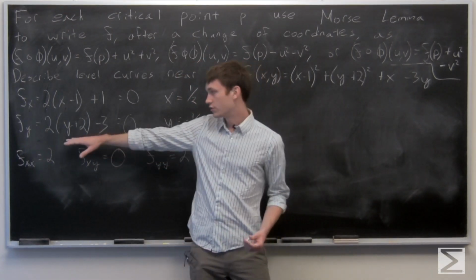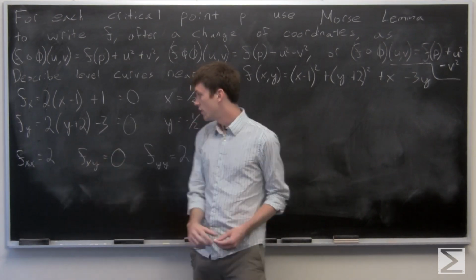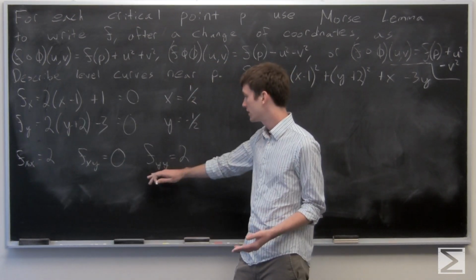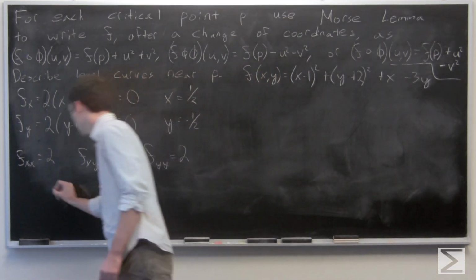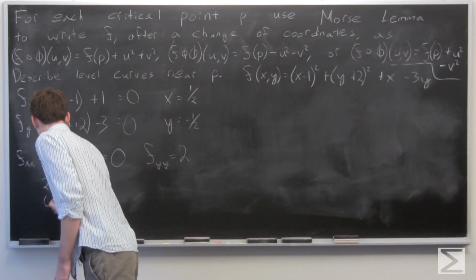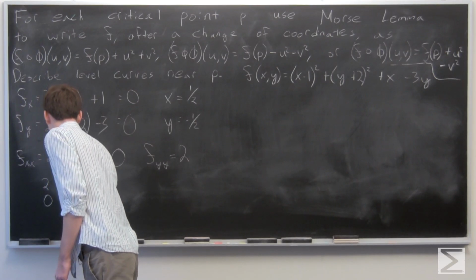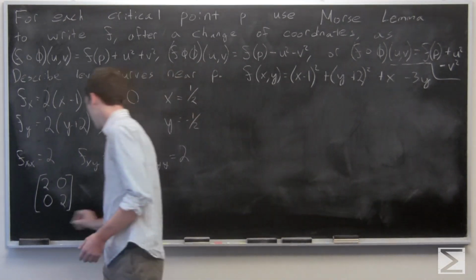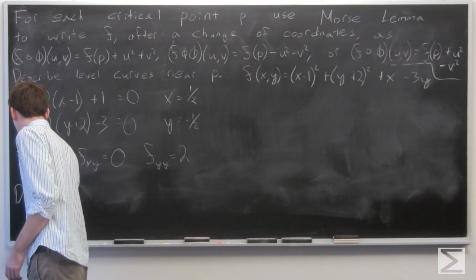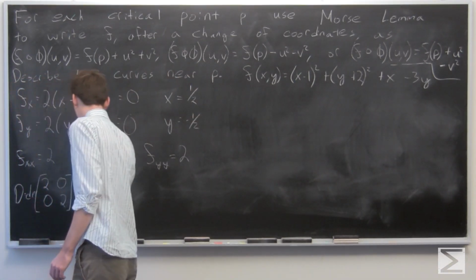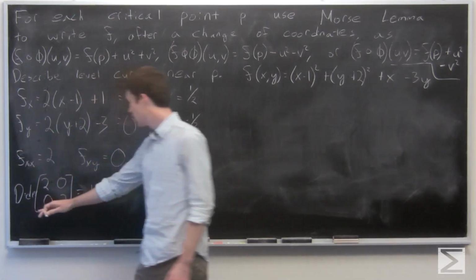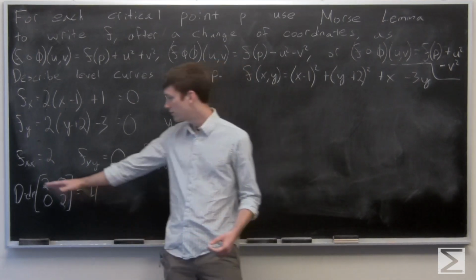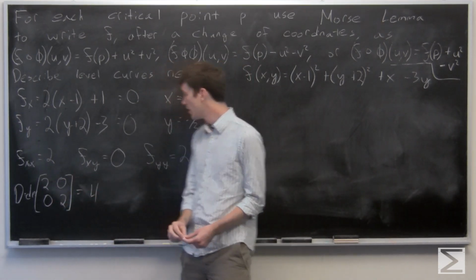And then finally, the partial derivative of f sub y with respect to y is 2. So our Hessian matrix is given as 2, 0, 0, 2. And we want to find the determinant of that. So we'll say D, our determinant of our Hessian matrix, is just 4 minus 0, which is 4.